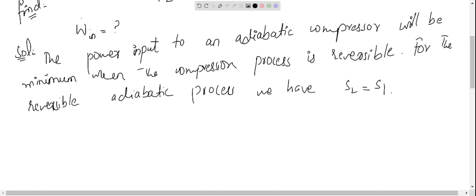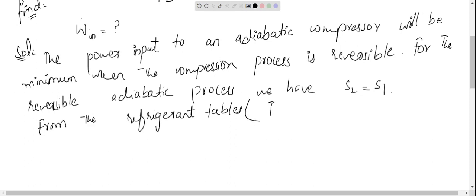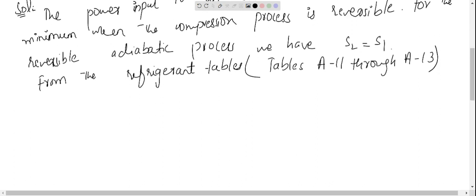Other values we get from the refrigerant tables, that are tables A11 through A13. At the initial state our pressure P1 is 160 kilopascal and saturated vapor.